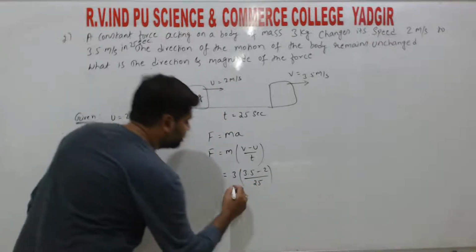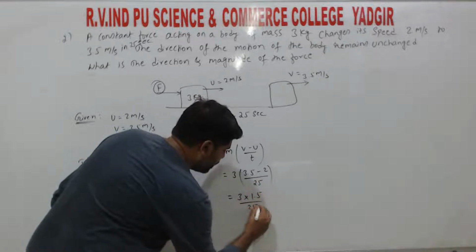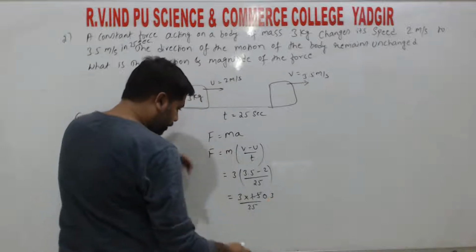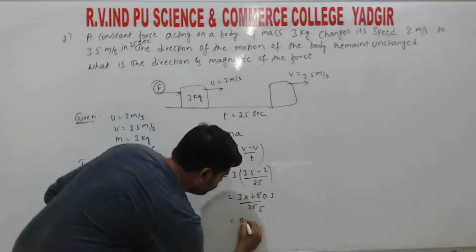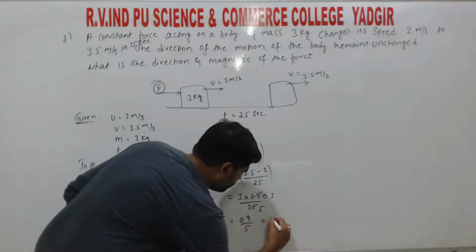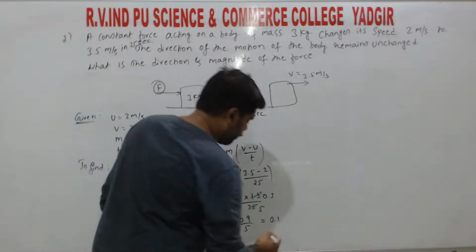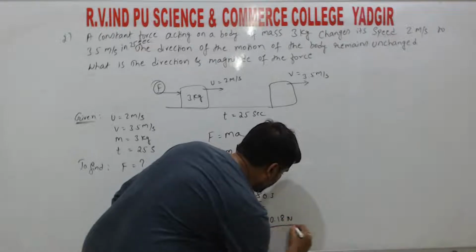So 3 into 1.5 divided by 25. 5 3s are 15, 5 5s are 25. So 0.9 divided by 5, that value is 0.18 Newton.